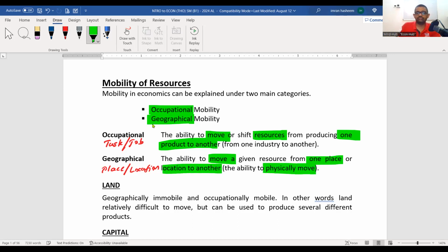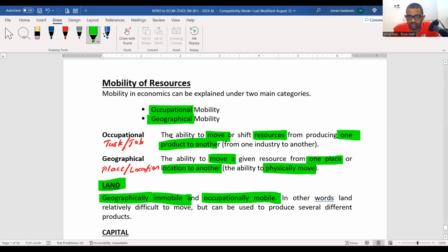Physically, can you move? Those are the two things: occupational, geographical. Land, something special to talk about. Land is geographically immobile. What does the word immobile mean? Cannot move. You can't move land in its natural state. So geographically immobile, but occupationally mobile.